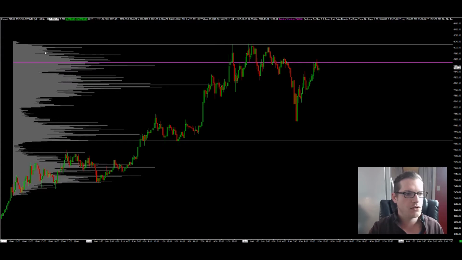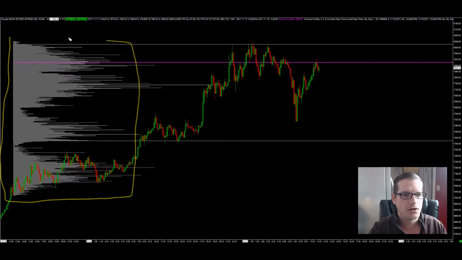Over here on the left-hand side of your chart, you're going to see a volume profile. This is how I trade. This is called a composite. Normally a volume profile would look at the 24 hours or the trading period. In crypto, it's 24 hours. In equities, it's going to be your trading day, your 8 hours of trading. In crypto, 24 hours, but I like the composites because they show you where we've been in the past.